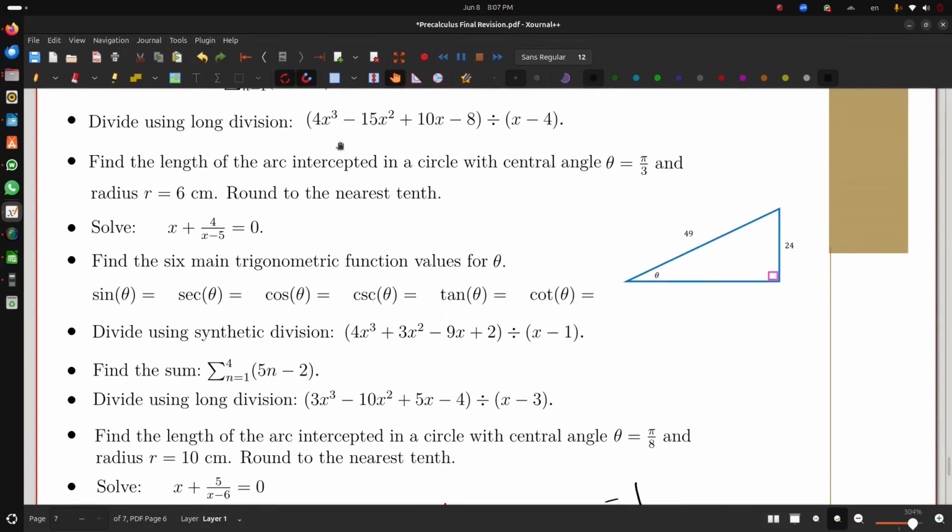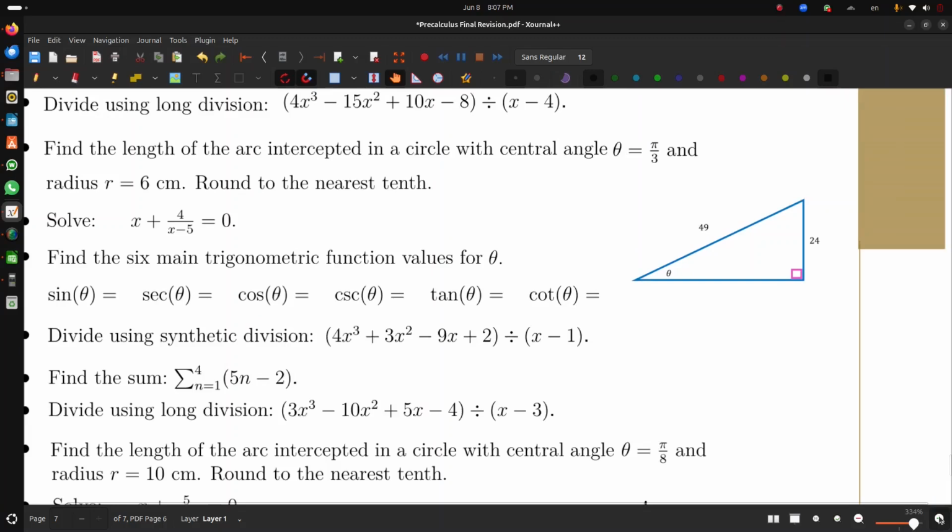About this one, you use long division. Just a second.